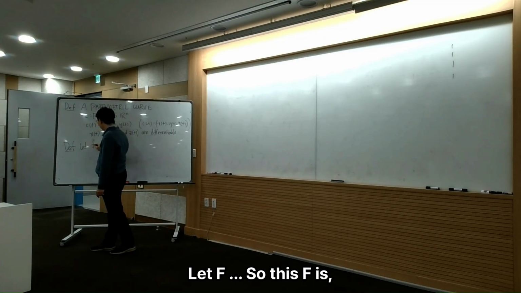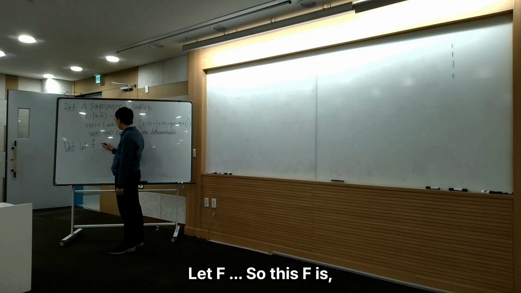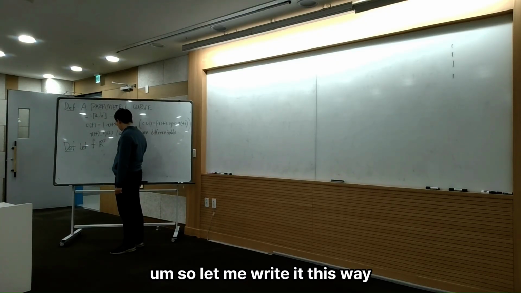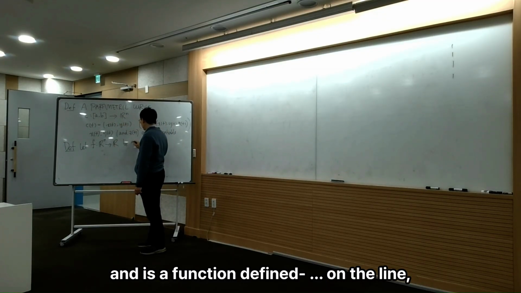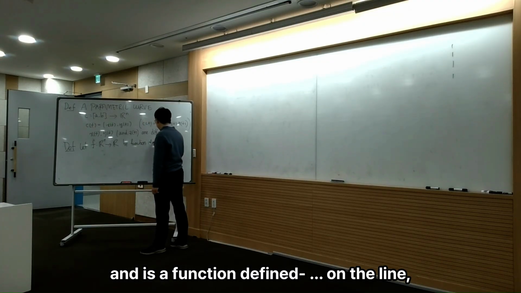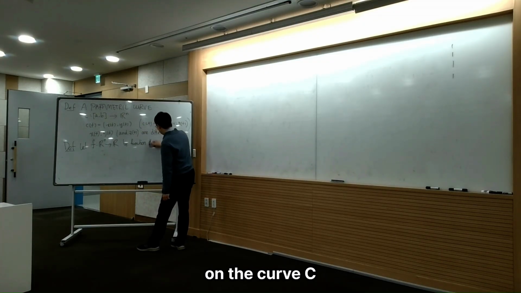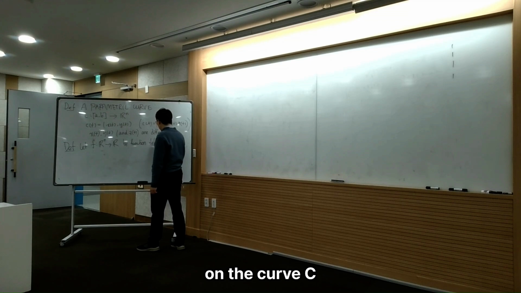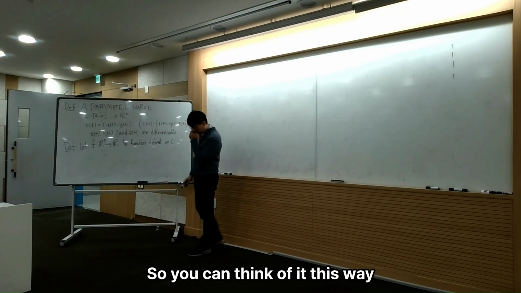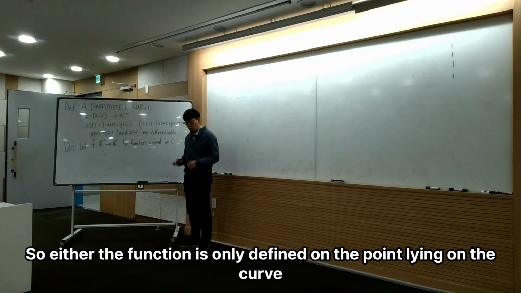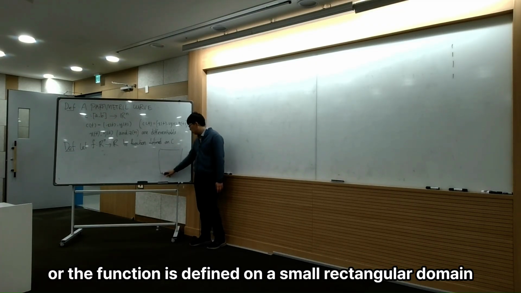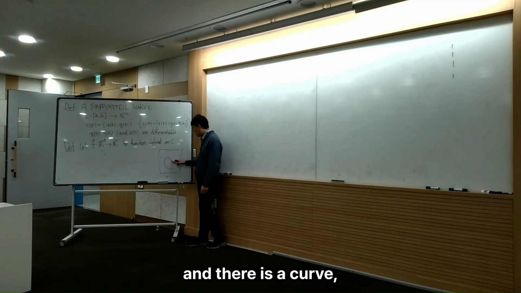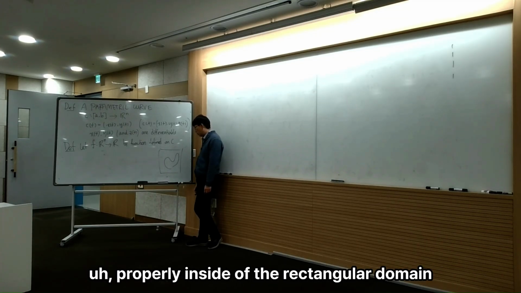Let f be a multivariable function defined on the curve C. You can think about it this way: either the function is only defined on the points lying on the curve, or the function is defined on a small rectangular domain, and there is a curve properly inside of the rectangular domain.